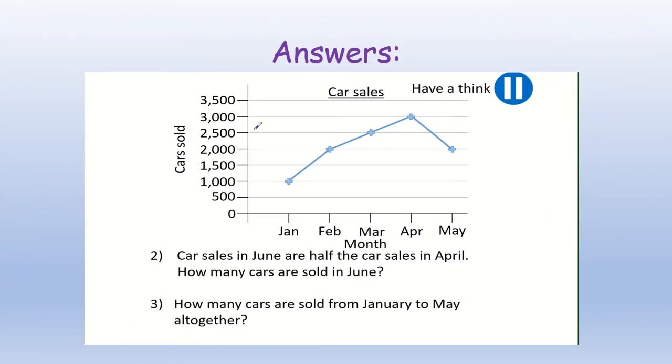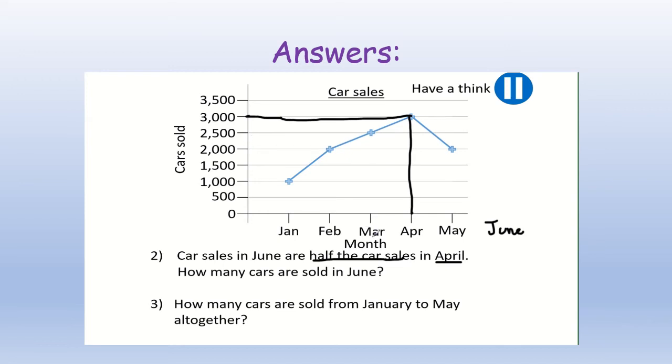Still looking at our car sales. Question 2 wants us to work out June. It tells us that in June, half the cars sold in April were sold in June. So to do this, we need to work out how many cars were sold in April. 3,000 cars were sold in April.